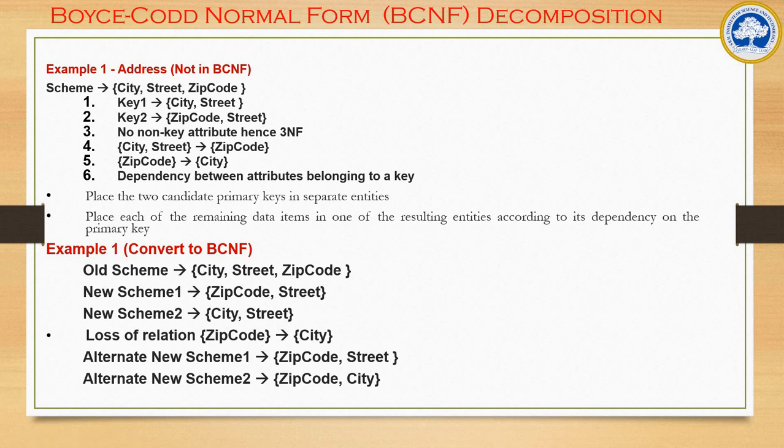So that also we need to take care. We need to always ensure lossless decomposition. When we apply decomposition, we have to ensure it is lossless. So we apply zip code and street, and zip code and city. This is the right schema.